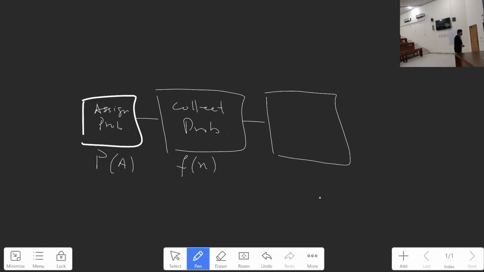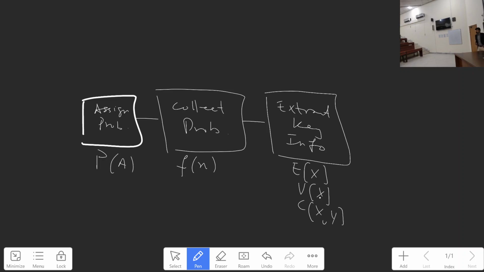So this was extracting key info. And we went to the idea of moments, the mean, the variance, and the covariance.